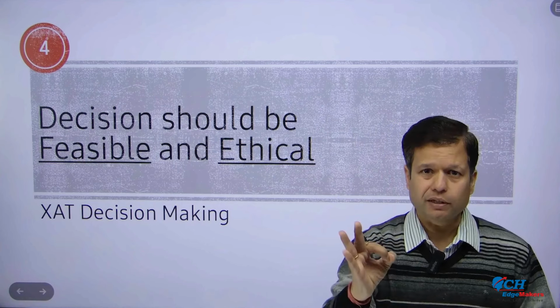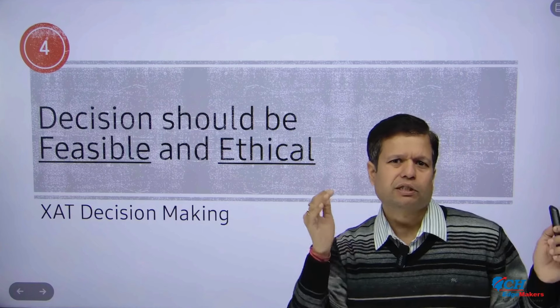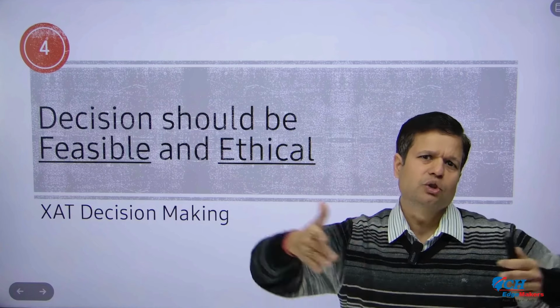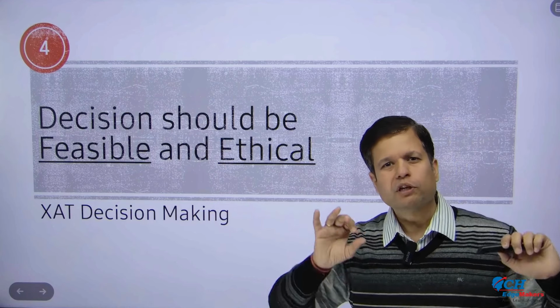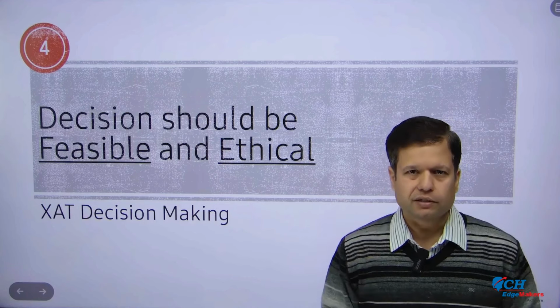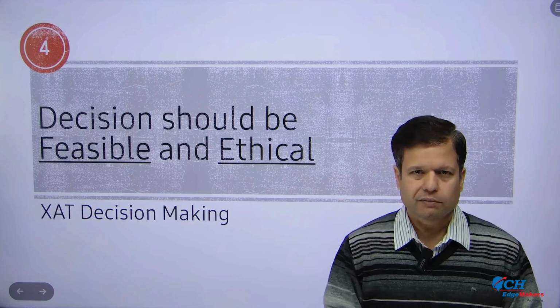Let me give you a small case, or rather ask you a simple question. What should we do to eradicate the terrorism problem? Let's say one person says that terrorism is basically because of lack of education, so we should educate the terrorists. It looks to be a very logical and good answer, but believe me, it is a utopian solution.